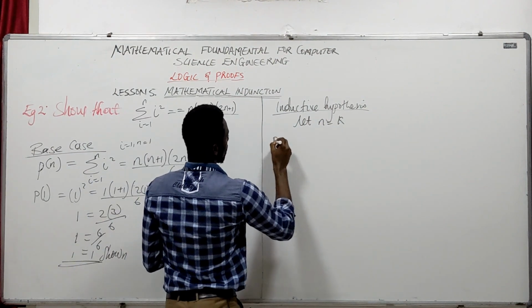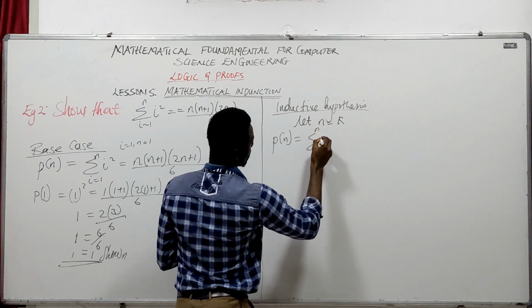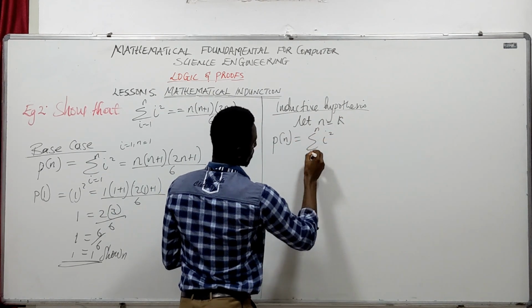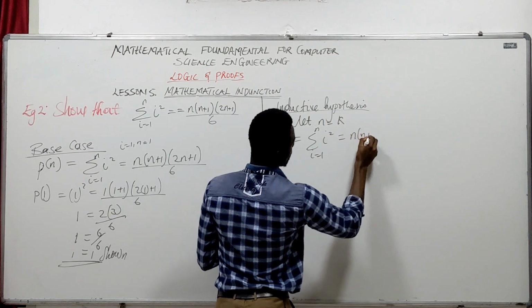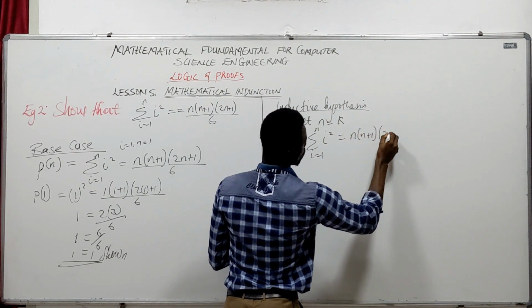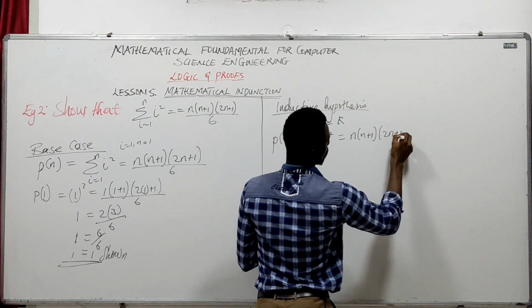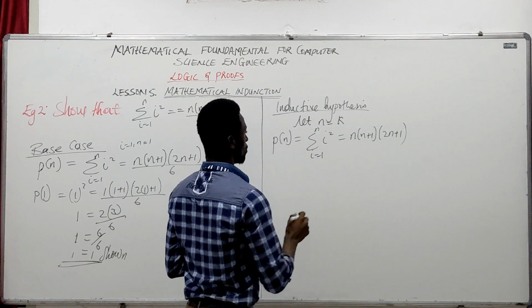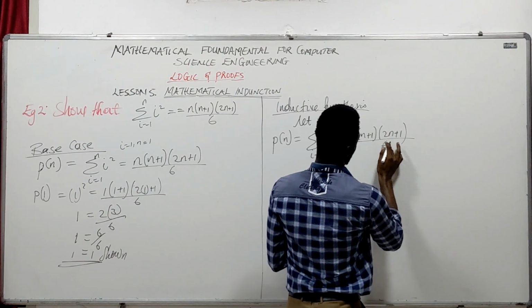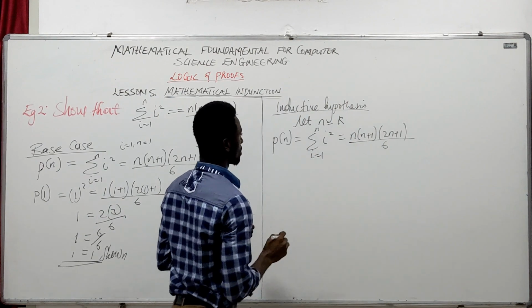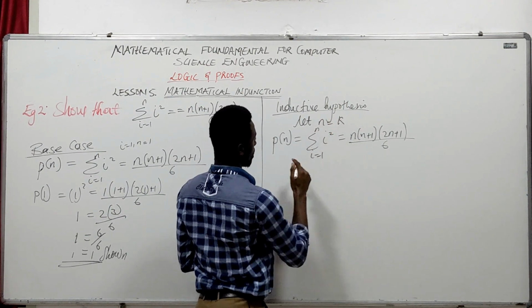Since you have P of n is equal to the summation of i squared, which is equal to n into n plus 1 into 2n plus 1 over 6, now we replace n with k.